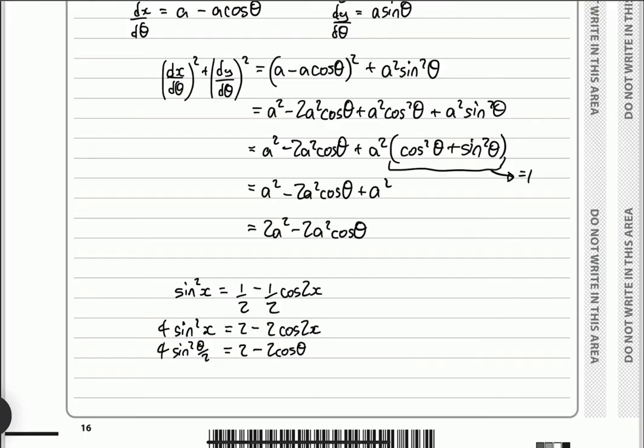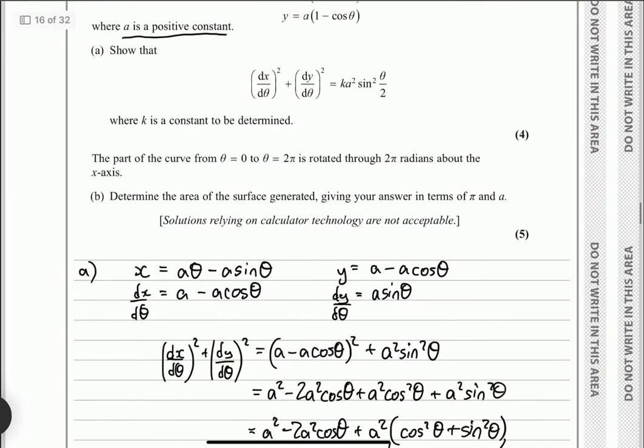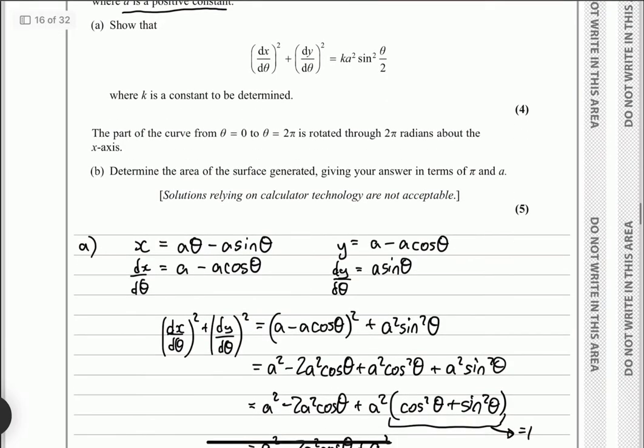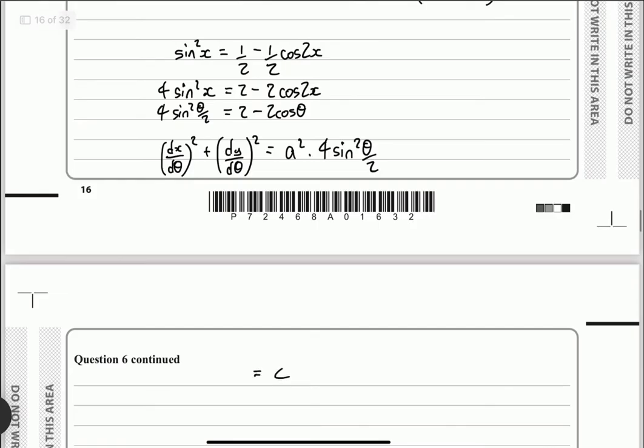Now I've got a's, but I can easily factorize that out to make this match what I've written there. So dx by d theta squared plus dy by d theta squared is equal to a squared times 4 sine squared theta over 2, which is what we need, where k is 4. Let me just finish it off by writing it exactly as I've got it.